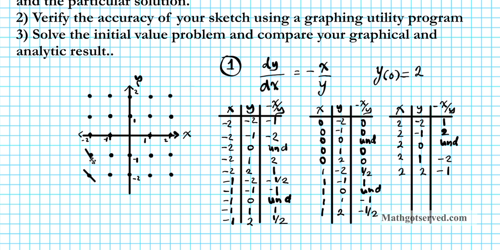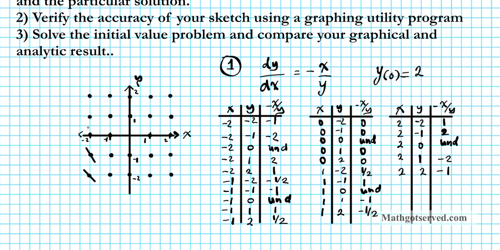So we're just having a shortened tangent line with a slope of -2. So that's what it's going to look like. Then if we shift up to the point -2, 0, that's easy. It's undefined. It's a vertical line. We know what the slope of a vertical line looks like.